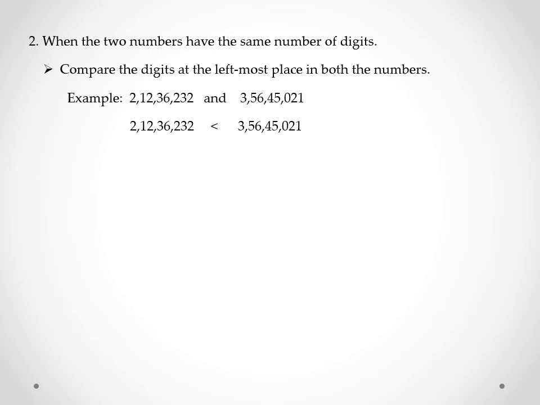You can also say 2 crore 12 lakh 36,232 is lesser than 3 crore 56 lakh 45,021.